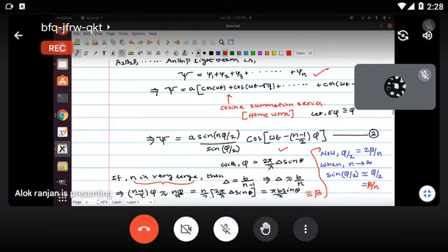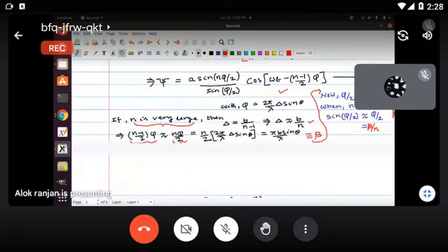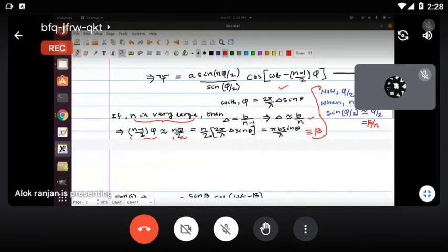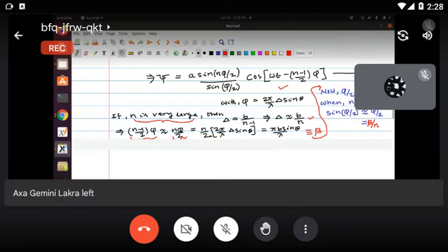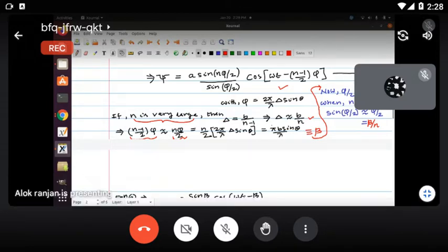And since n is large, it can be approximated as b over n. So now n minus 1 over 2 pi could be approximated as n pi over 2 because n is very large. And n over 2, by substituting the value of phi, which is 2 pi over lambda delta sine theta, and what is delta? Again b over n. So now n will get cancelled, we'll have this.